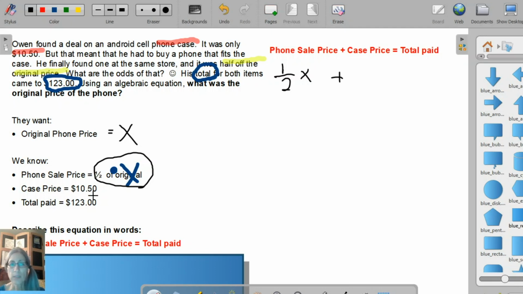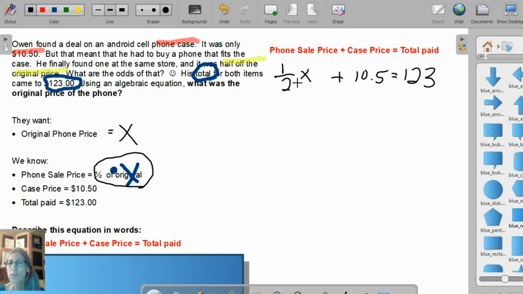And the case price we were told is $10.50. So I'll just put 10.5 equals, and then the total paid we were told was $123. So now we just have to solve for X, which is our original phone price, which is what they wanted anyways.